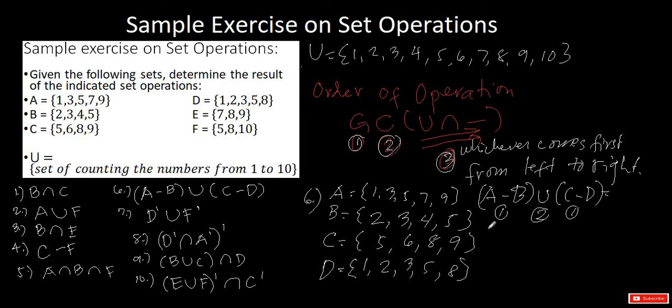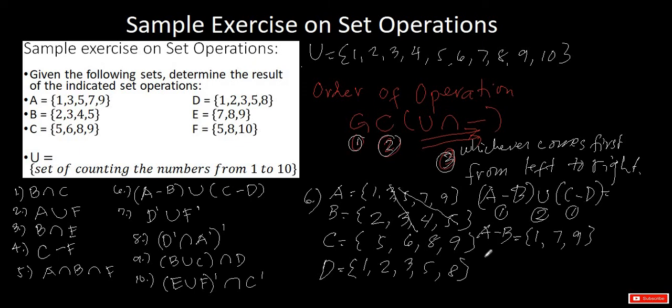First, let's determine the elements of A minus B. Let's take away the elements of B from A. Take away 3 and take away 5. So what are the remaining elements of A only? We have 1, 7, and 9.